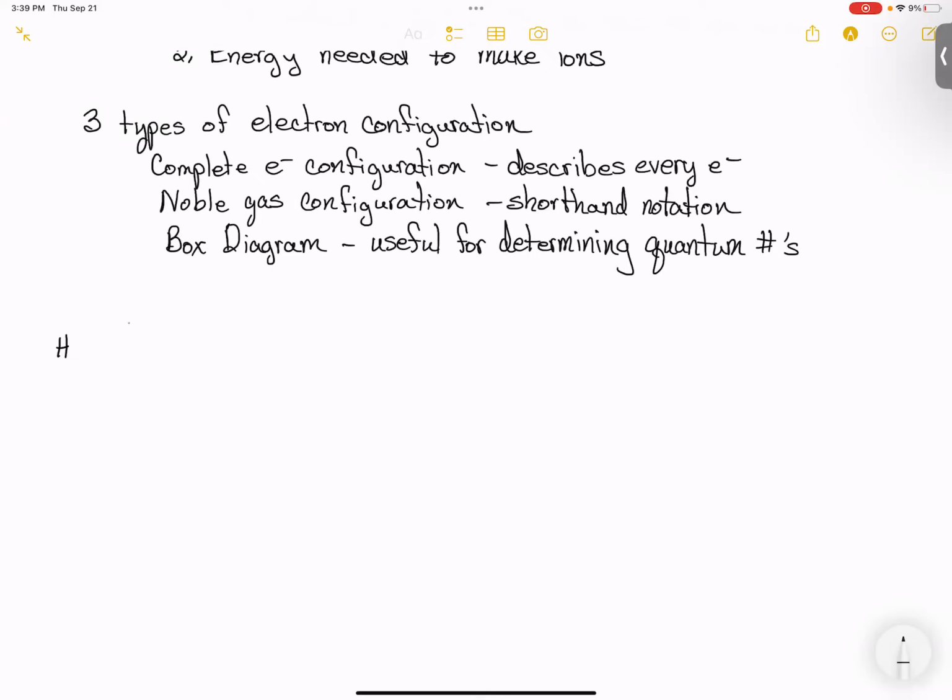Okay, so hydrogen, its atomic number is 1. So it has 1 proton and it has 1 electron. So we need to describe where that 1 electron resides.